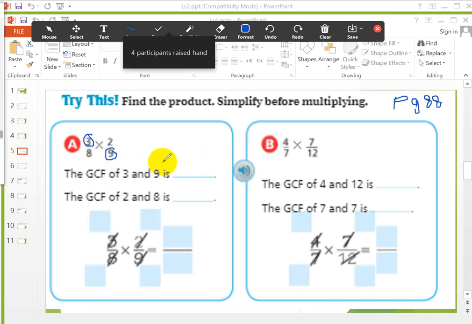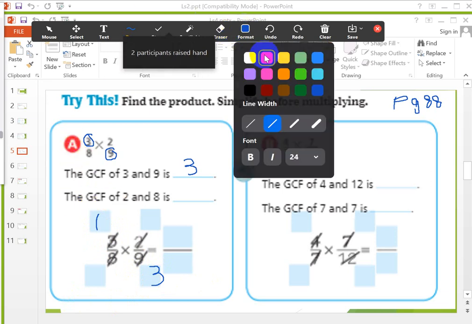The greatest common factor is 3. So I can divide both 3 and 9 by 3. 3 divided by 3 equals 1. 9 divided by 3 equals what? Equals 3. Thank you.